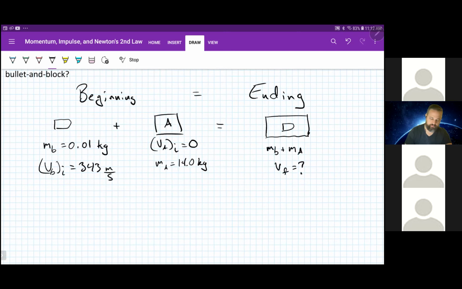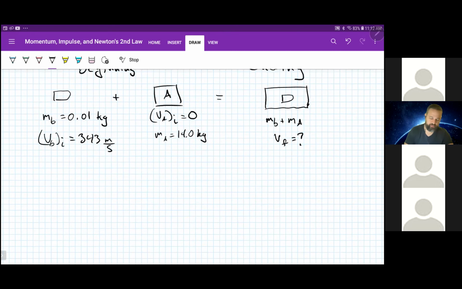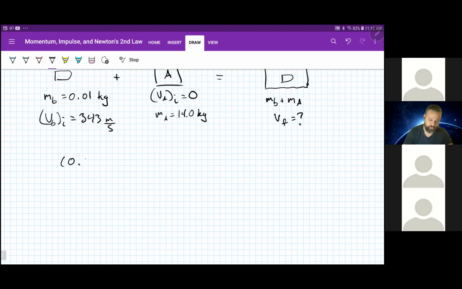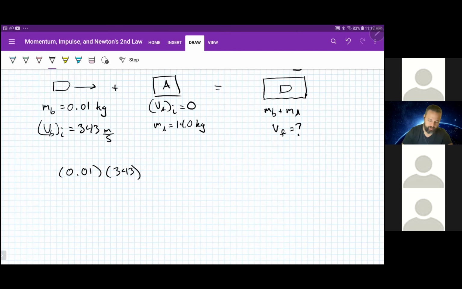We get the momentum of each separately: 0.01 times 343, going positive, so we assume it's going that way, plus 14.0 times 0, equals MB, 0.01, plus 14.0 times VF.